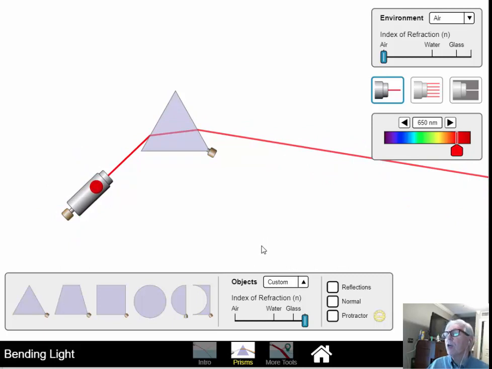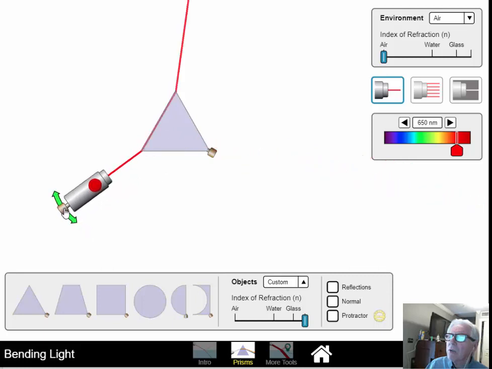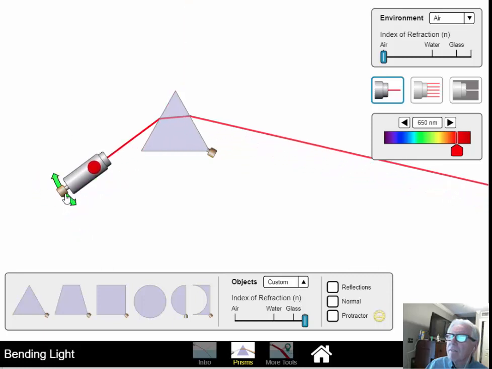Okay. So now I have a glass prism. And what happens at one interface is not cancelled out at the other interface. And so we end up with a complete change in direction. And I'm going to make this not quite so intense.